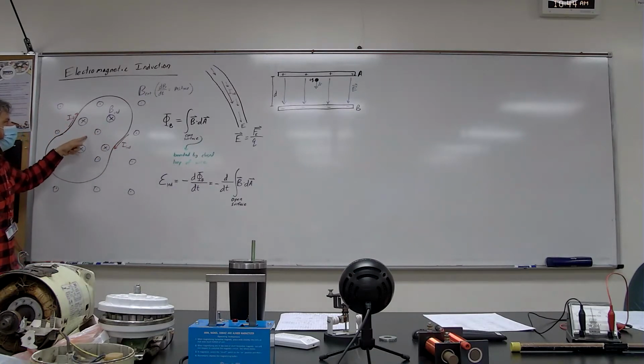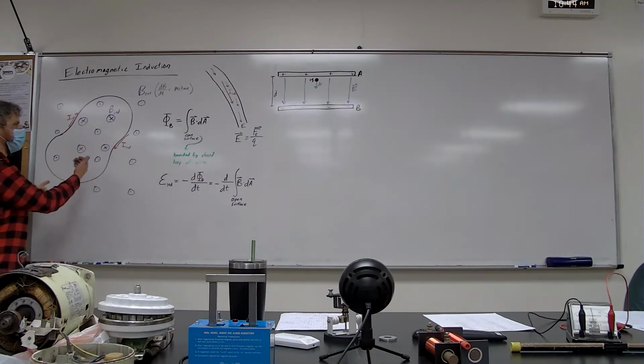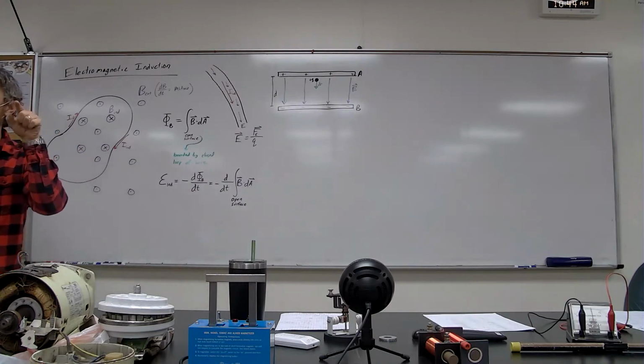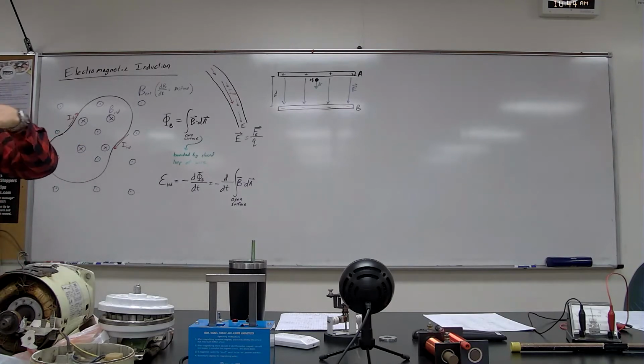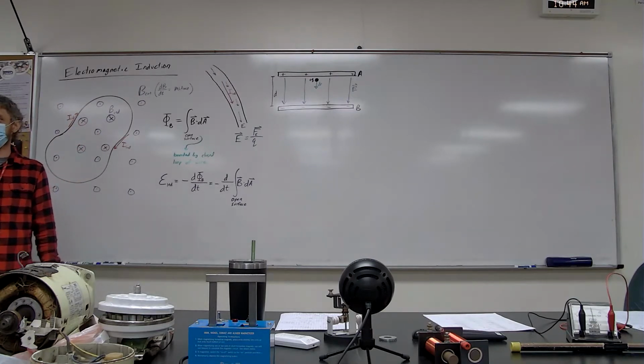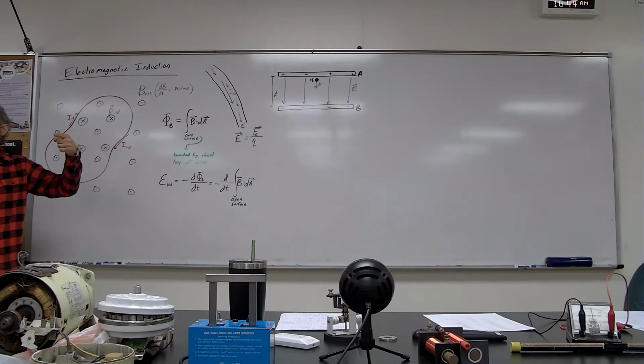Which means that when we draw our induced field, it's always in the direction of the induced north pole, right? It's not an actual magnet, but it's in the direction of the induced north pole. So if I was moving a south pole in, then the increasing magnetic field coming this way is actually negative, because it's going from the south pole to the north pole.